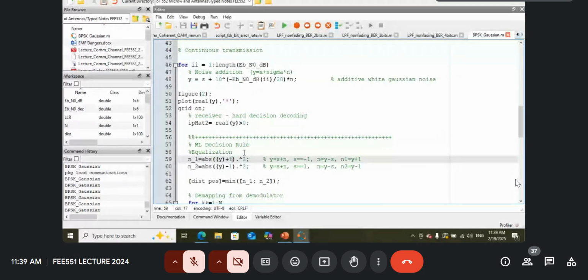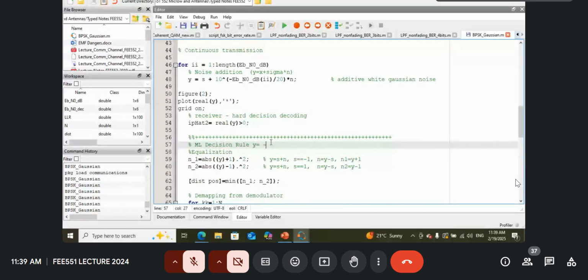If a 0 was the symbol to be transmitted, which is a negative 1, you had y is equal to a negative 1 plus n1. Y due to 0 transmitted would be minus 1 plus n1. So here you can write that n1 is equal to y0 plus 1. So n1 is that, if a 0 was the one transmitted.